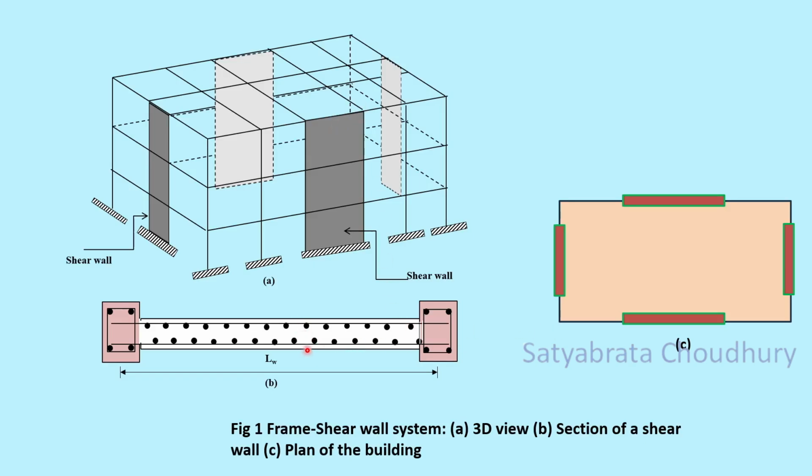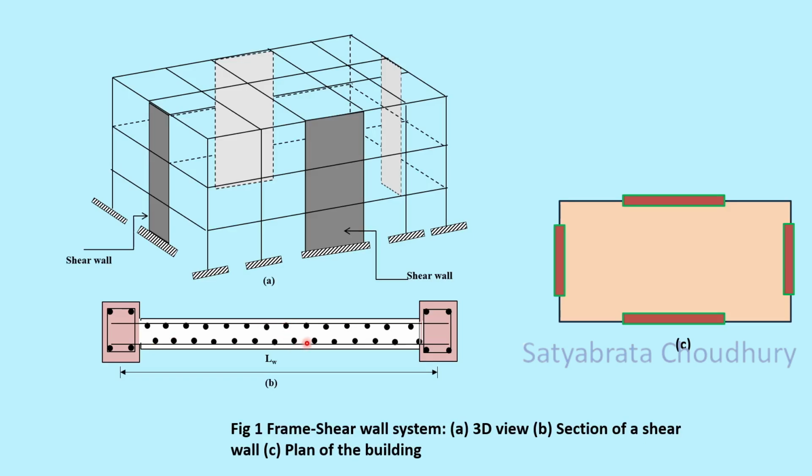And you have a thickness of the wall. Here we are showing the cross section of a wall. In the cross section of the wall, this is the horizontal dimension, which is called the length of the wall, LW. And you have the thickness of the wall here. Generally, 2 layers of steel will be put in the wall. So you have a mesh on one side, another mesh on the other side.